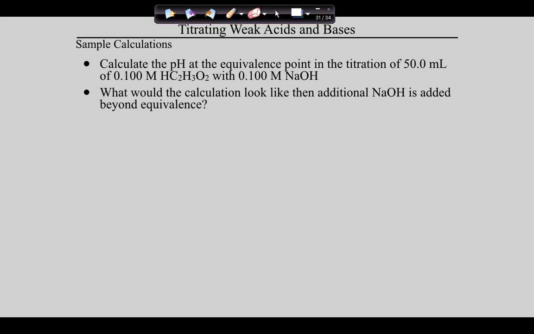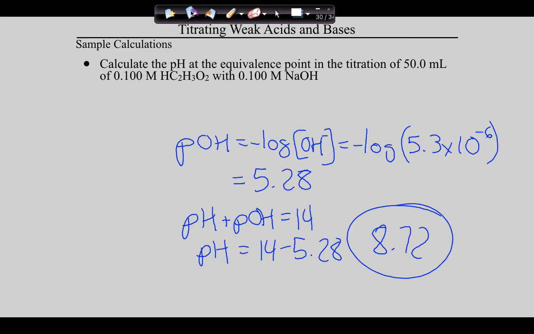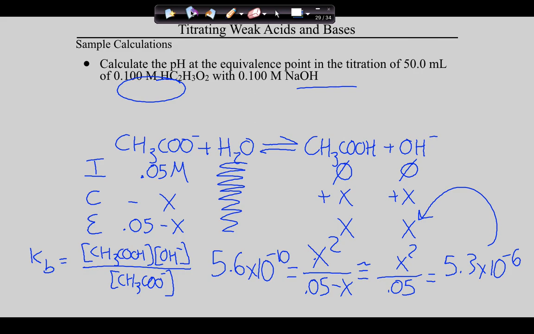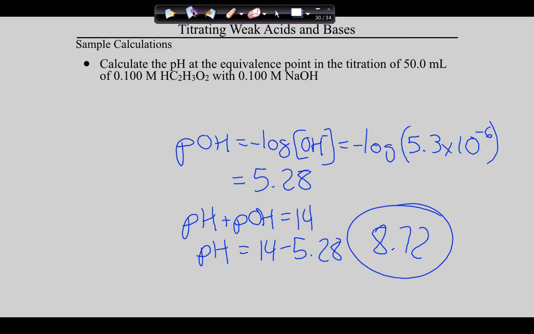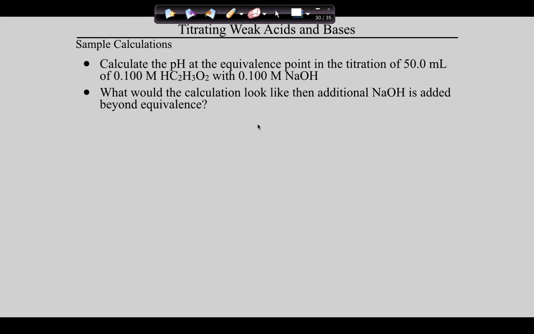What about this? So guys, what we just did was this. We calculated the pH at equivalence. That was all of this, combined together with this. But the question then quickly becomes, what would the calculation look like after equivalence?